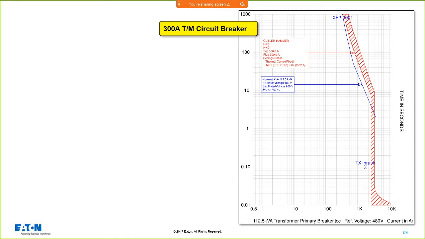But in reality, you're going to have secondary protection for through faults. And if you have a fault in the coil in that transformer, your fault currents are going to be much higher than the instantaneous pickup of that breaker. And it's going to provide short circuit protection for the transformer. But you'll notice how close I am.